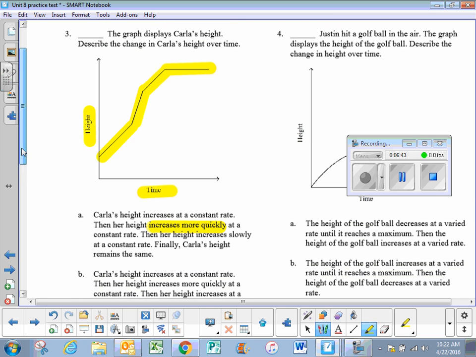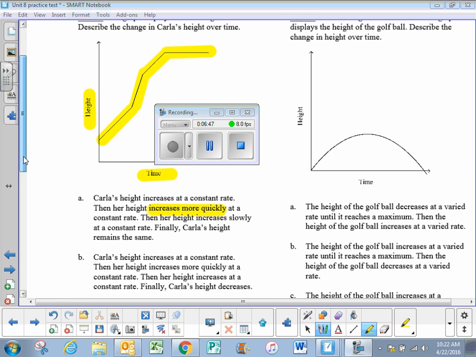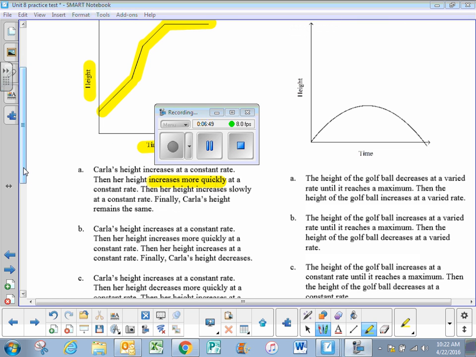Someone hits a golf ball, and the graph displays the height of the golf ball. Describe the change over time. So the height of the ball decreases at a varied rate. Is it decreasing to start? No. Okay. The height of the golf ball increases at a varied rate. What does varied mean? Very good. There's a pattern, kind of like our parabola, right?